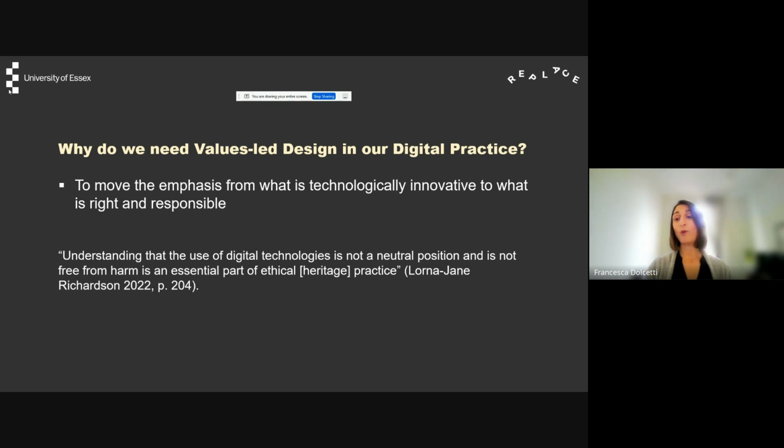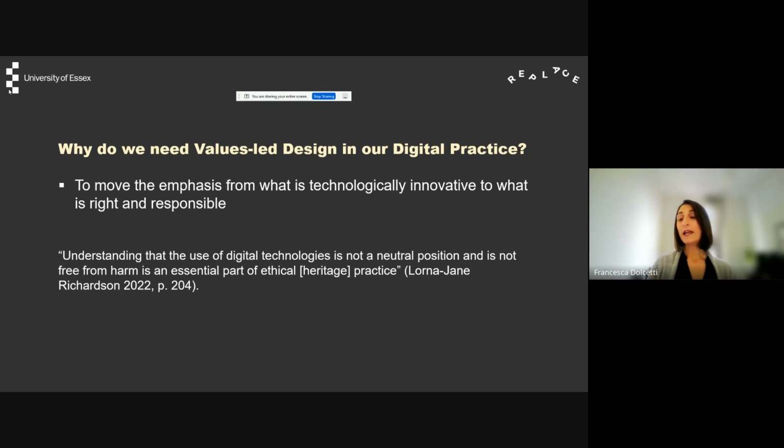And there is a growing body of work in our sector that has pointed out that the adoption of digital technologies, particularly in public participation, is not inherently good nor harmless, because it can replicate extractive and colonial practices if it's not supported by an ethical framework that moves the emphasis from what is technologically innovative to what is right and responsible.